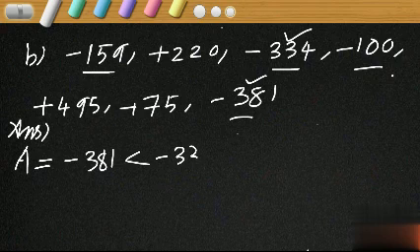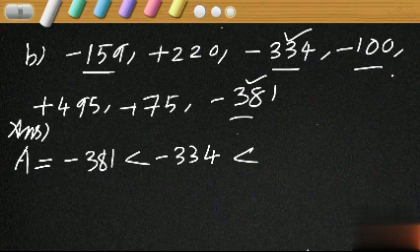Have you understood why we are writing like this? Among negative integers, as the magnitude increases, its value decreases. So the number with greater magnitude will have the smaller value. So next comes minus 334.